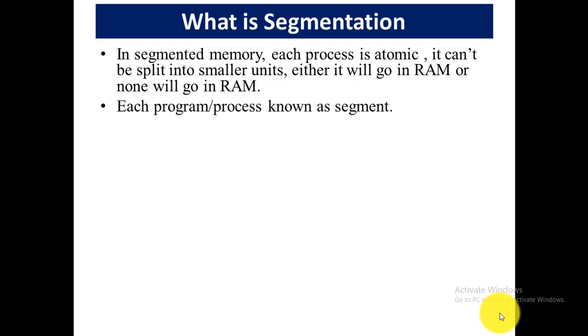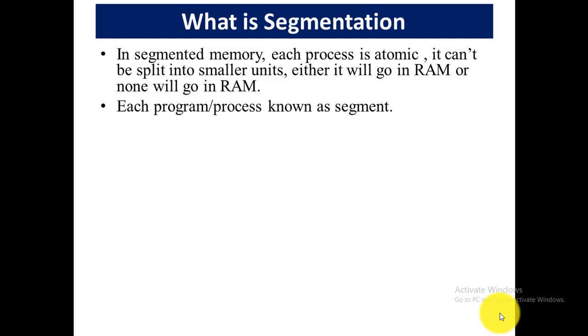Each program or process is known as a segment in segmented memory. For example, if we have a Word file, then that document is a segment. If we have an Excel file, then that spreadsheet is another segment. If we open Internet Explorer, then this is another segment.